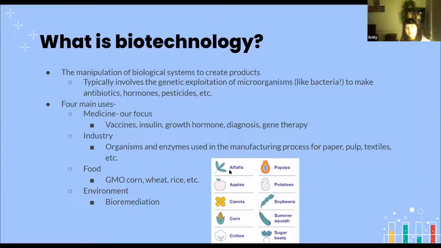For example, bacteria is often used because bacteria has genes called plasmids that we'll look at in the next slide. Bacterial genes are used to transfer certain genes from one entity to another to make human growth hormone.